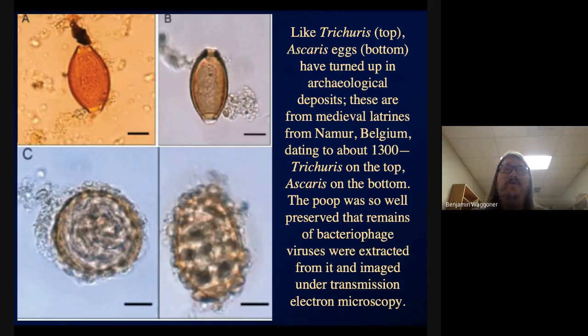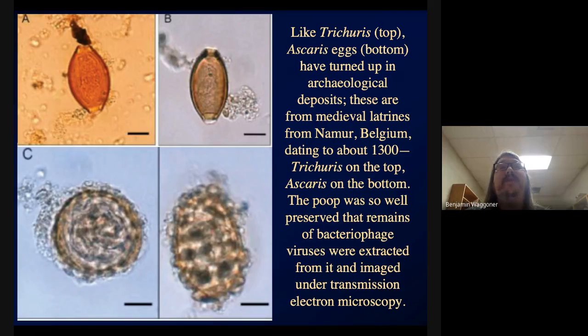These are some more of those roundworm eggs that turned up in archaeological deposits, and these happen to come from the Middle Ages, from the town of Namur in Belgium, dating to about the year 1300. Up at the top, that's Trichuris, the whipworm, and you ought to recognize those right away. That football shape and those clear caps on the ends are pretty unmistakable.